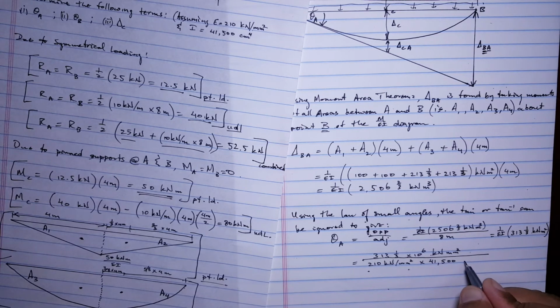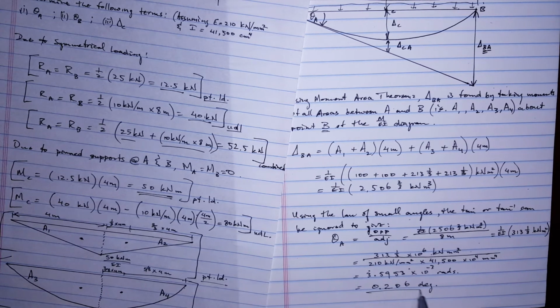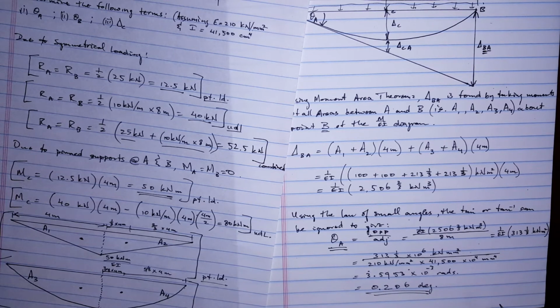Converting that to mm to the 4th becomes times 10 to the 4th mm to the 4th, for the conversion for cm to the 4th power to mm to the 4th power, and that works out to give you 3.5953 times 10 to the minus 3 radians, which is the equivalent of 0.206 degrees. So that there is your answer for theta A.